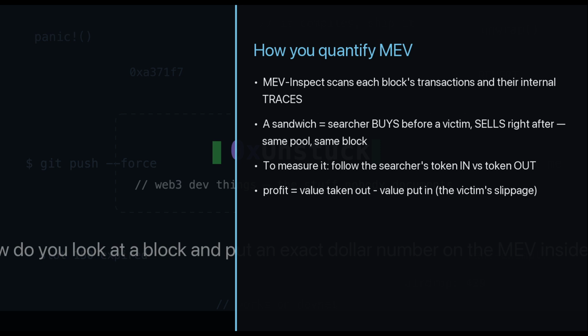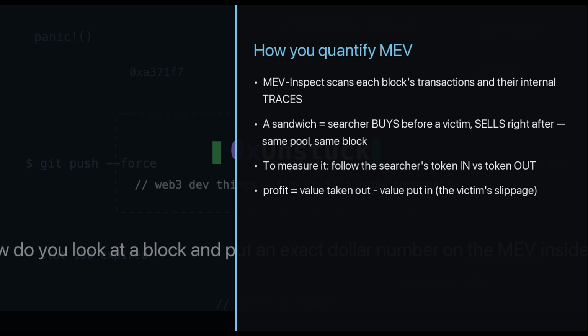A block is a list of transactions, and each one, when it runs, produces a trace, a tree of internal calls and token transfers. Tools like MEV-Inspect walk those traces looking for known patterns. The classic one is a sandwich.